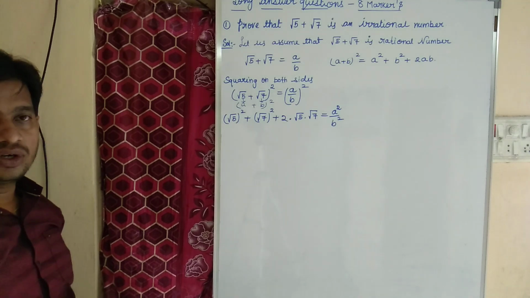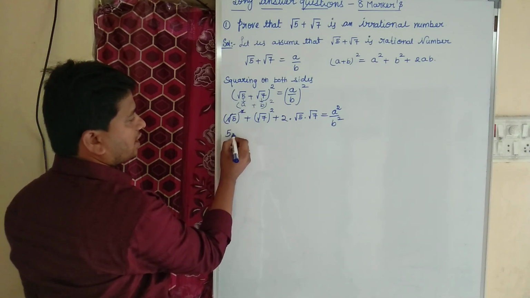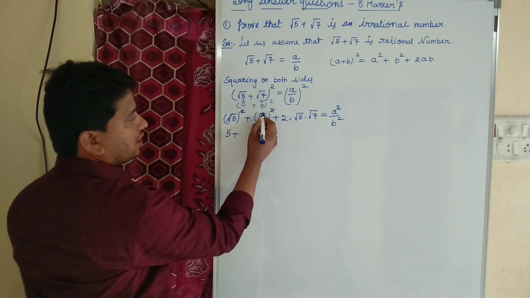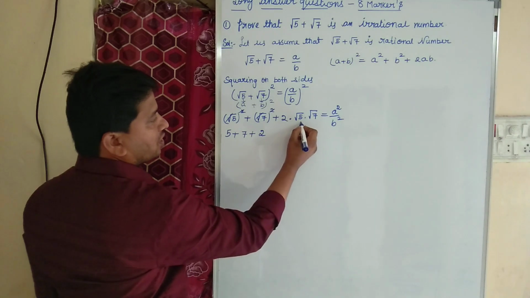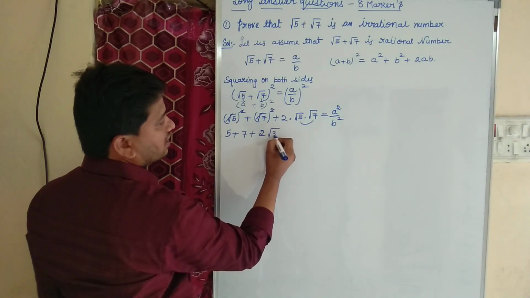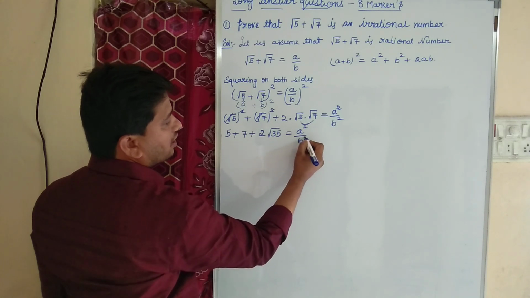Any doubt? No doubt, right? So the square and root cancel: 5 plus 7 plus 2 into root 5 into root 7, that is 35, equals a square by b square.